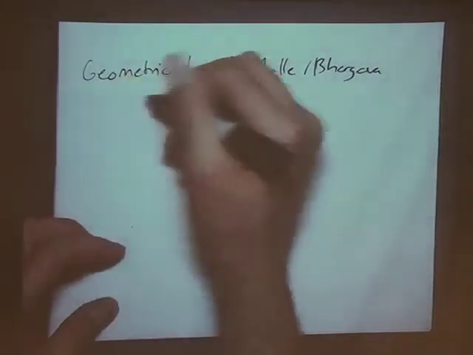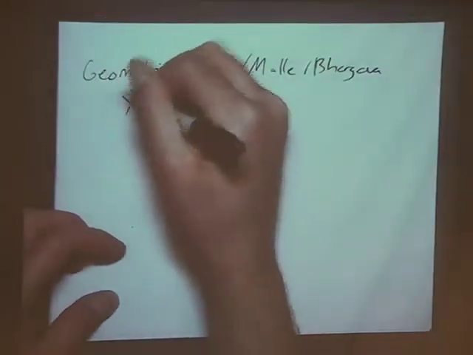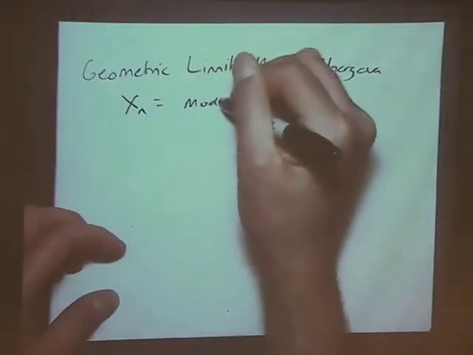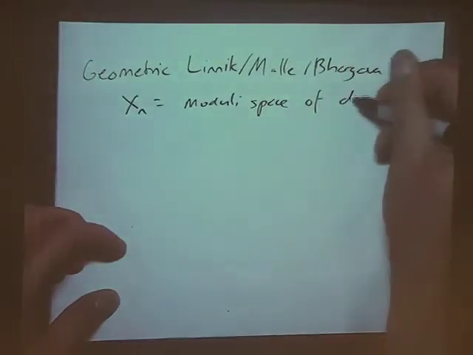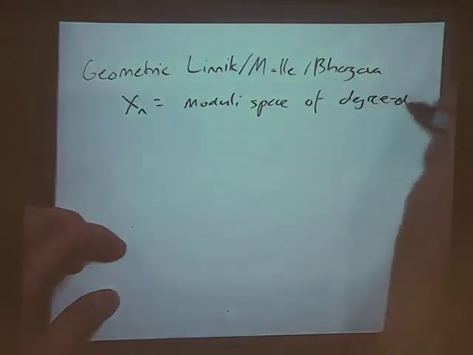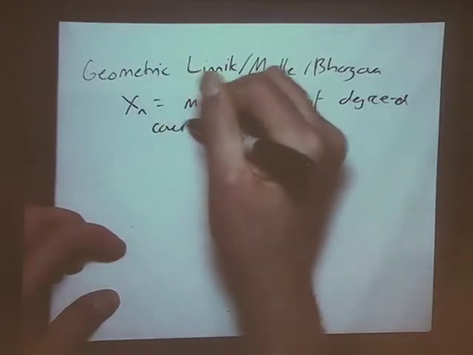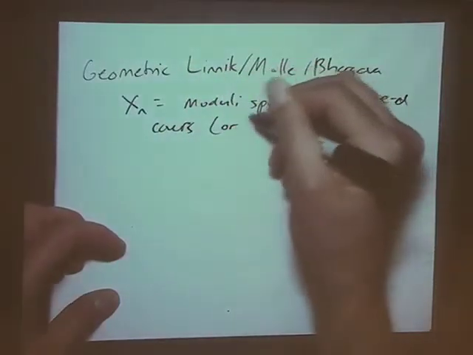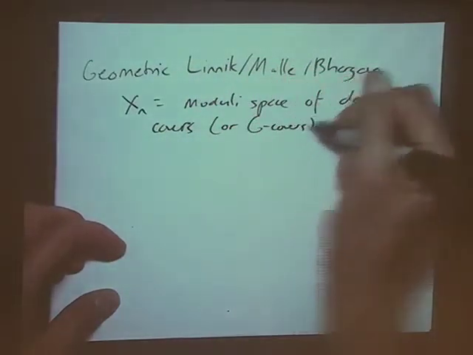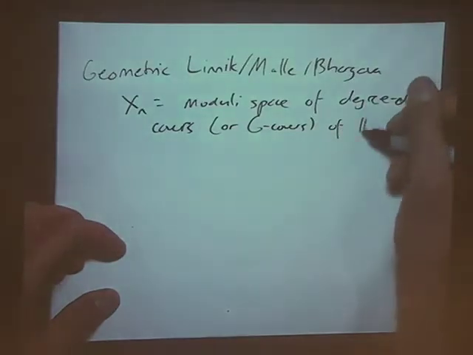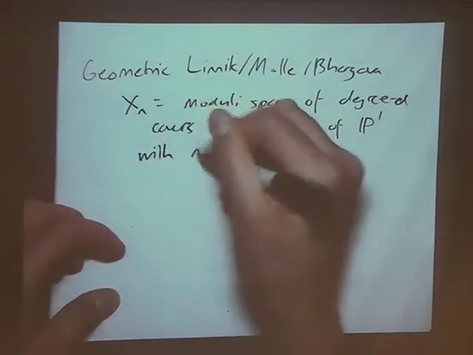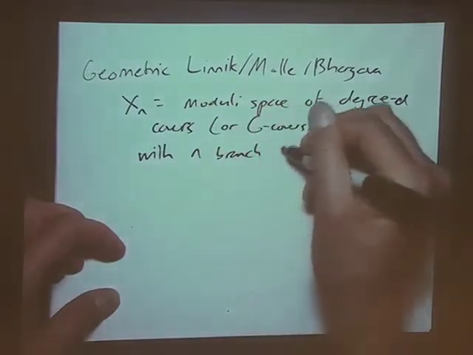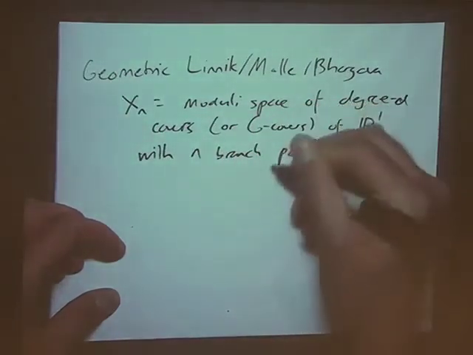Then the relevant moduli space is something like X_n equals the moduli space of degree d covers, or if we're specifying the Galois group, G covers of the projective line, with n branch points.